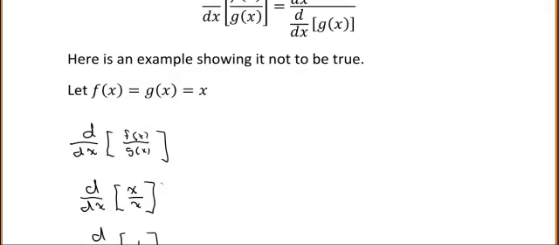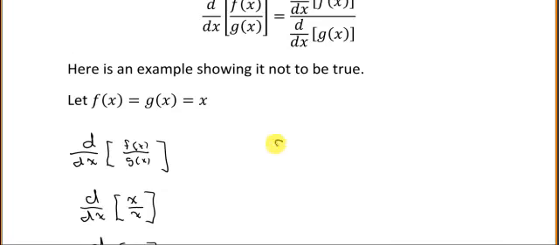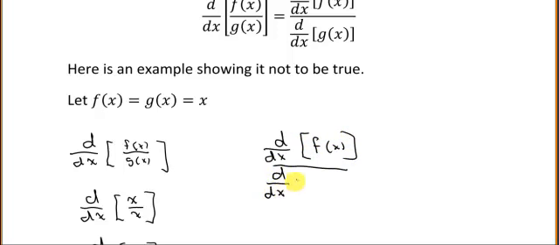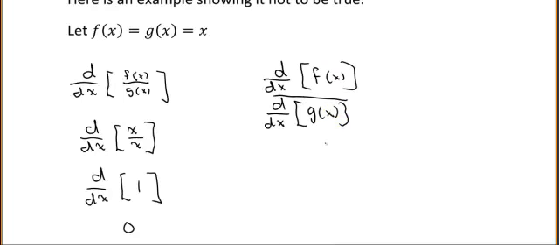On the other side, we'd have the derivative with respect to x of f of x. If I took these derivatives separately and divided, the derivative of f of x divided by the derivative of g of x is the derivative with respect to x of x divided by the derivative with respect to x of x again.